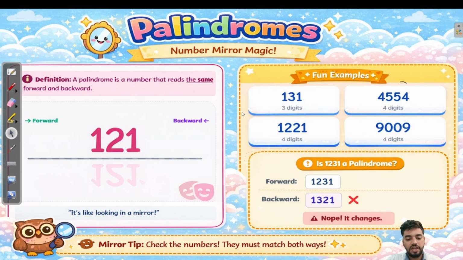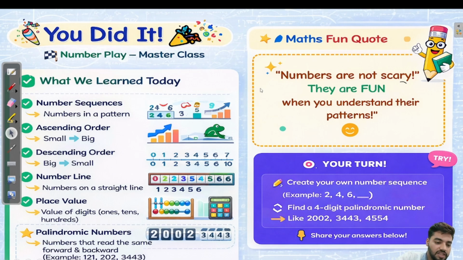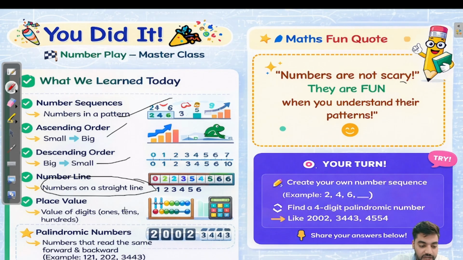So this is the last slide, and in this session we learned about number sequence, ascending order and descending order, number line, how to add and subtract on the number line, place value, the secret behind the number, and in the last concept we learned about palindromic numbers.